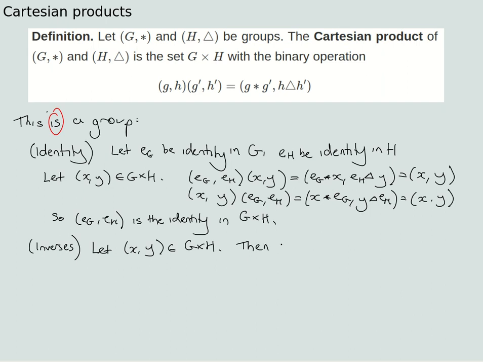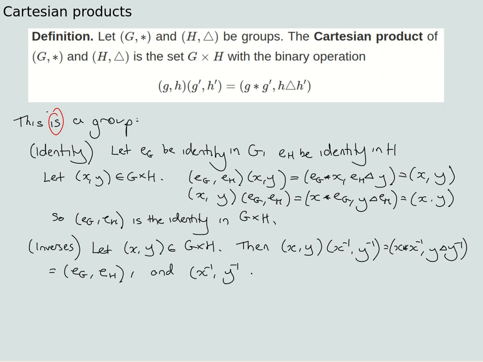So then if we just check that this really works, (x, y) times (x⁻¹, y⁻¹) is, by definition, (x * x⁻¹, y △ y⁻¹), and x⁻¹ was the inverse of x, so what you've got there is e_G, and in the second position y⁻¹ was the inverse of y, so y △ y⁻¹ is just e_H, and that's the identity element in G × H. And on the other hand, if you work it out the other way round, (x⁻¹, y⁻¹) times (x, y) will, for the same reason, be (e_G, e_H), which was the identity element in G × H.